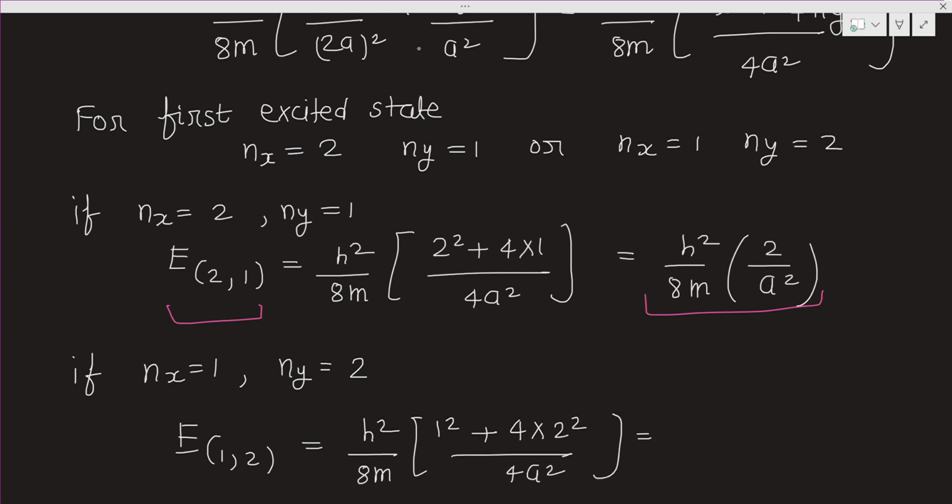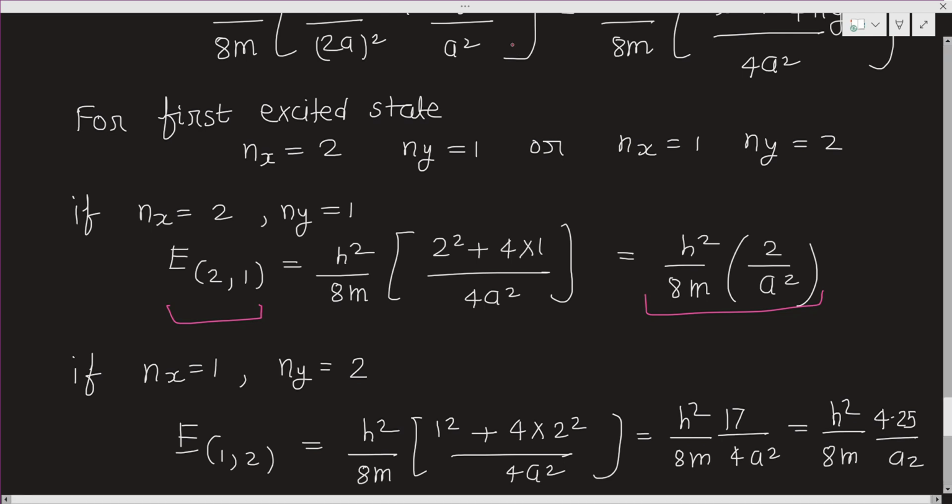So this will be equal to h square upon 8m into 17 upon 4a square. If you calculate this, it will be equal to h square upon 8m into 4.25 upon a square.